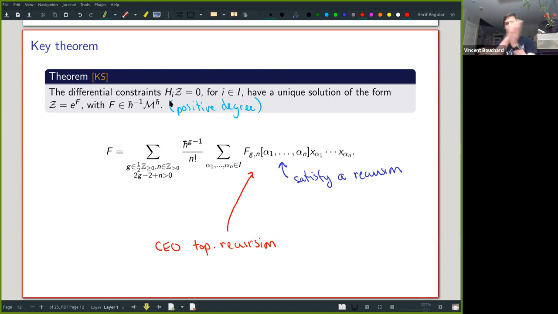So there really is a dictionary between array structures and the previous formulation of Chekhov-Eynard-Orantin topological recursion, which was the initial motivation of Kontsevich and Soibelman to make sense of the CEO topological recursion. Now, if you don't know what this is, then you probably don't know what I'm saying here. But if you do, that was the origin of this construction of array structures.